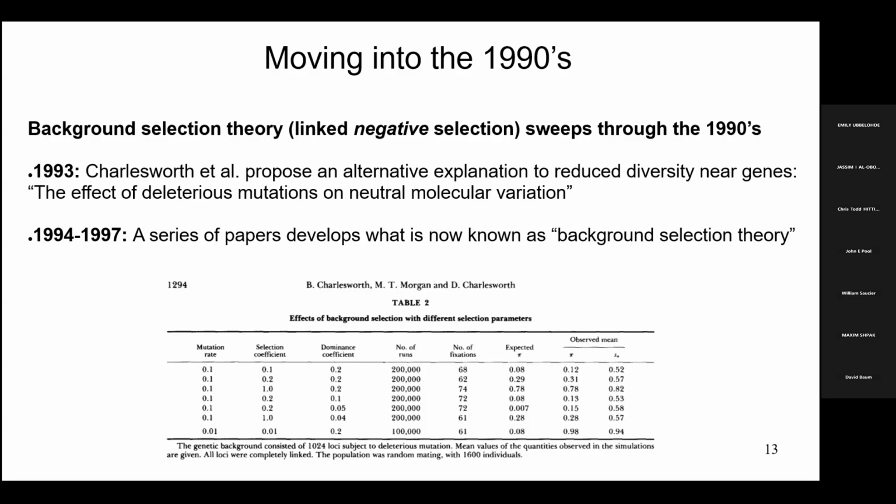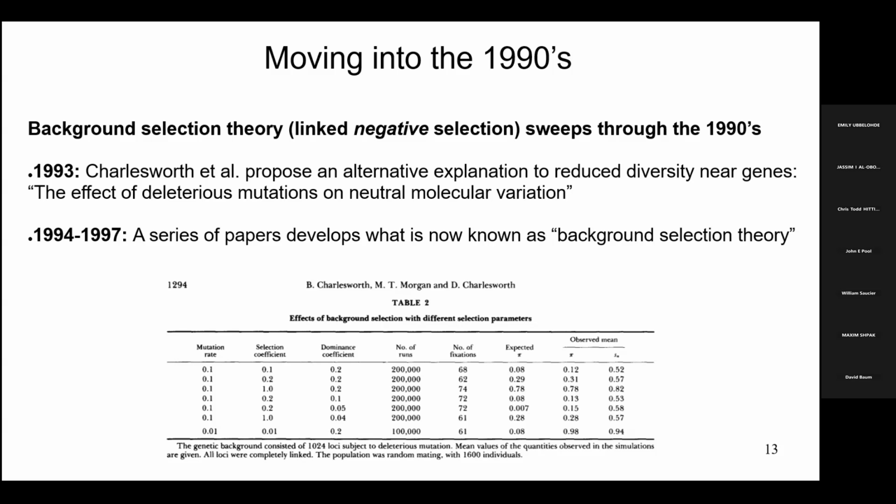You have always to remember that today's positive selection is tomorrow's negative. And this made a lot of sense, as it makes sense to us now. So from 1994 to 1997, there was a series of papers that made this model of background selection more and more complicated. And so this is collectively what we call background selection theory.